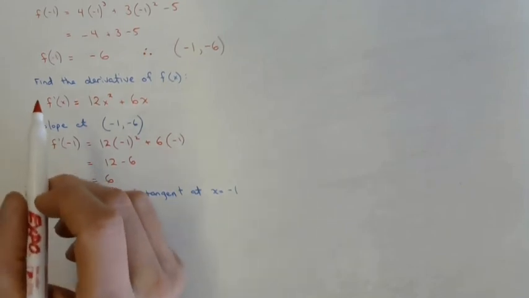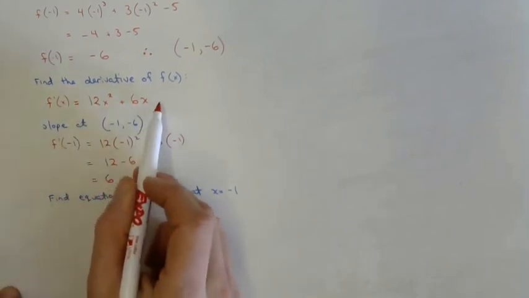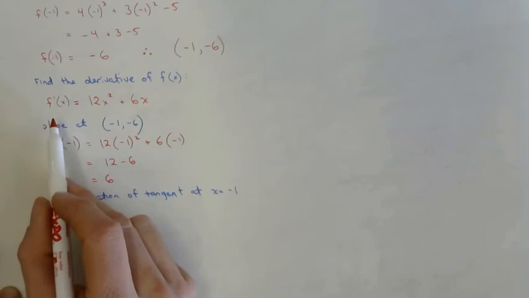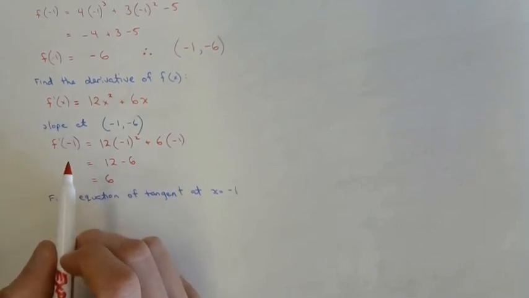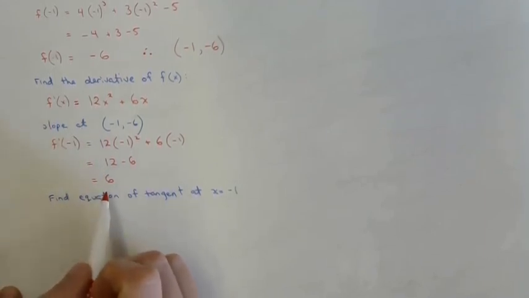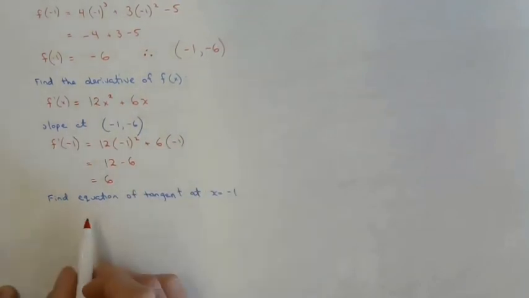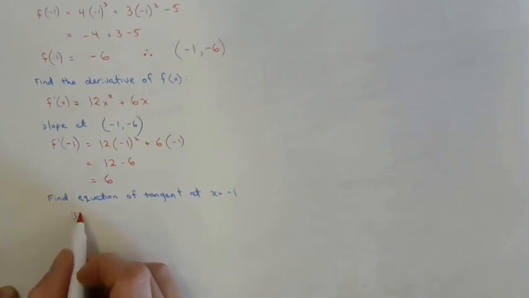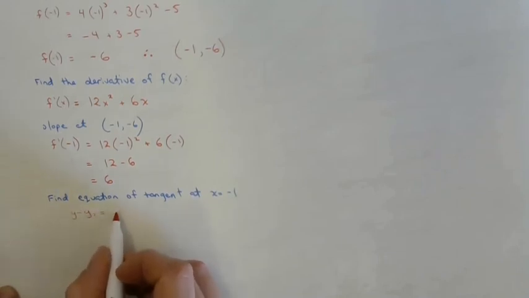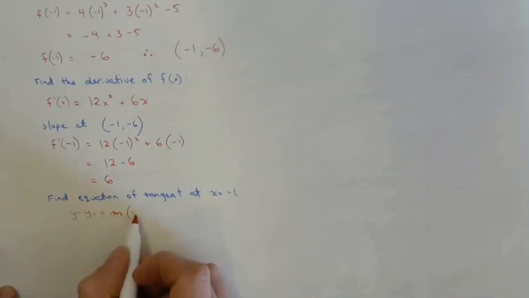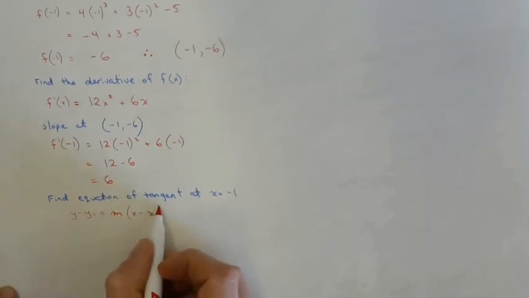All right, so we have our function of the tangent line. The slope we found is 6, and the point is -1, -6, and we just need the equation of a line. Well, we're going to use point slope form. That's y minus y1 equals slope times x minus x1.